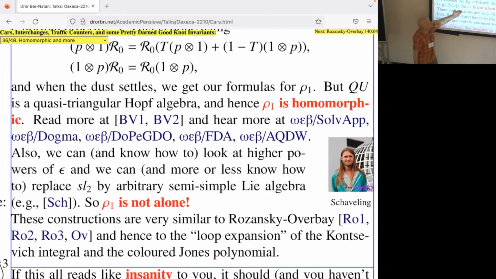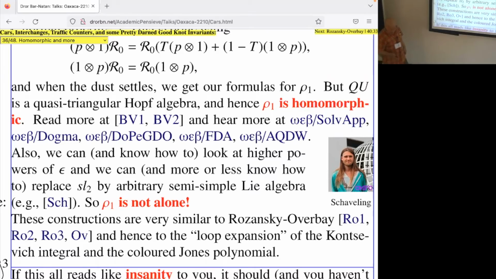So row 1 is not alone. There are more invariants like it. And I should say that this whole thing has a history. It's very similar to work by Rozansky and Overbay, and in general to the loop expansion of the Kontsevich integral and for the Kashaev-Jones polynomial. The main difference is that it can be understood by high school students. Okay.